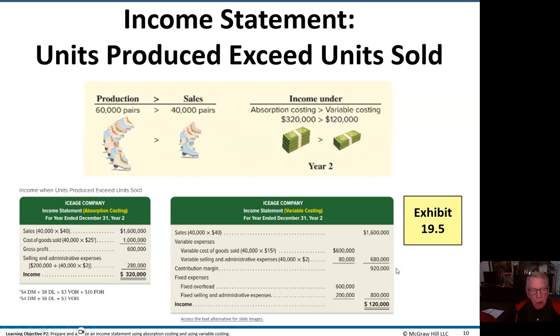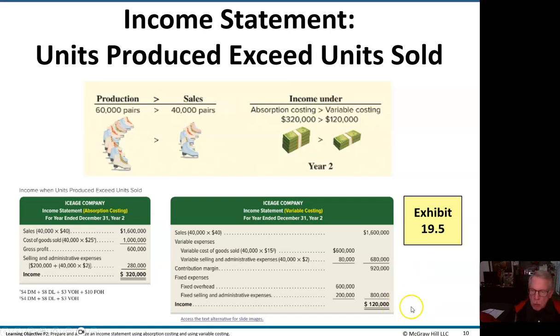Our contribution margin, 920,000. The fixed expenses were the 600,000 plus the fixed selling and administrative of 200,000. And that gives us 800,000. We subtract that, and that's 120,000.